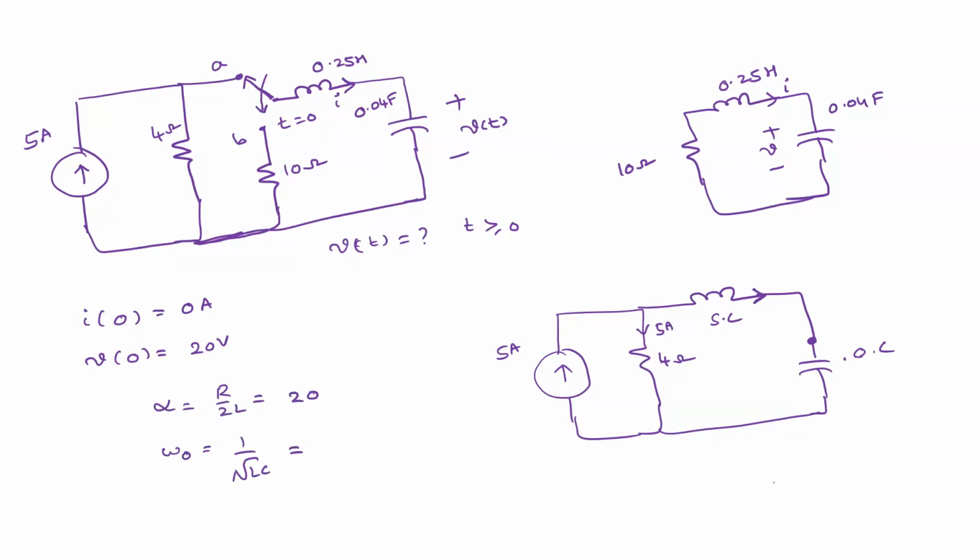Omega naught is 10. So in which case is it coming? Overdamped, underdamped, or critically damped? Here alpha is greater than omega naught, so it comes under the overdamped case.